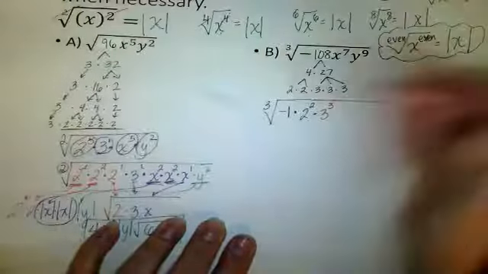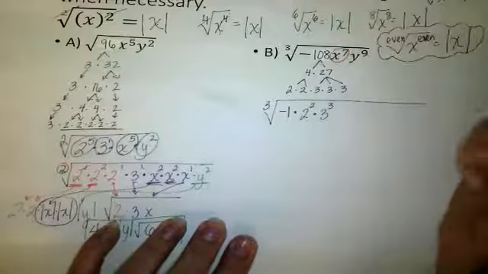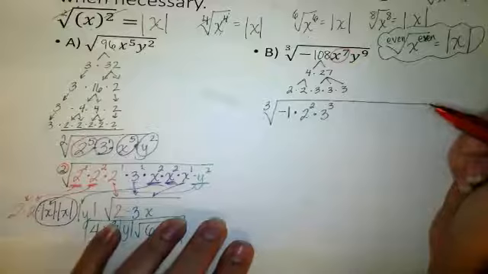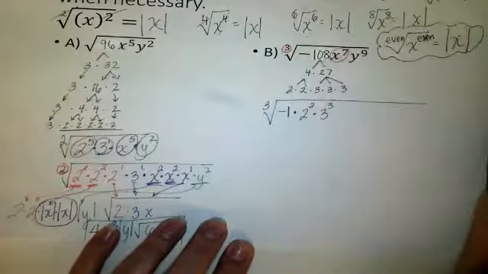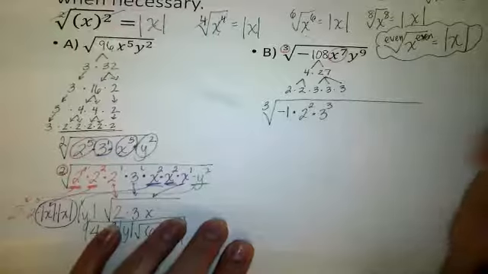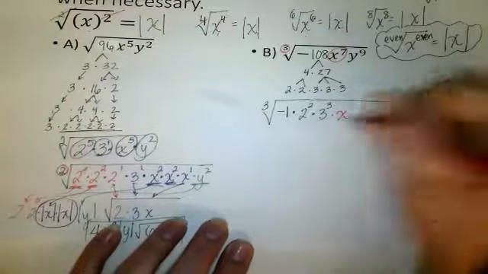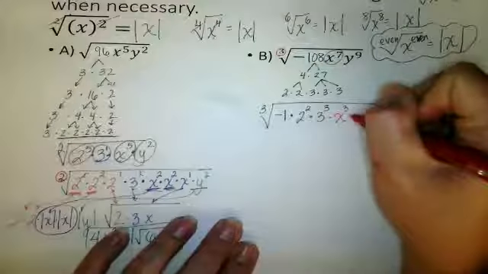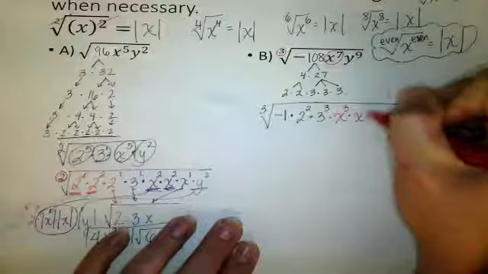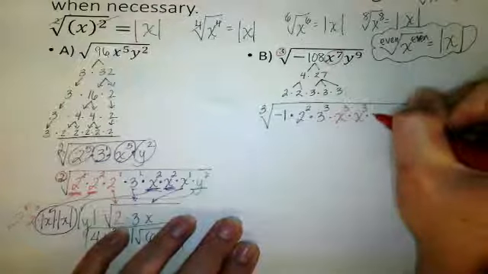What can I do with x to the 7th? Thinking about my index of 3 here, can I rewrite it as x to what power? X to the 3rd times x to the 3rd times x to the 1st.